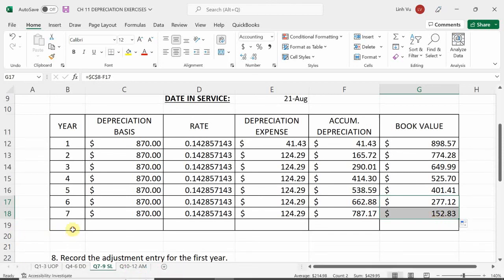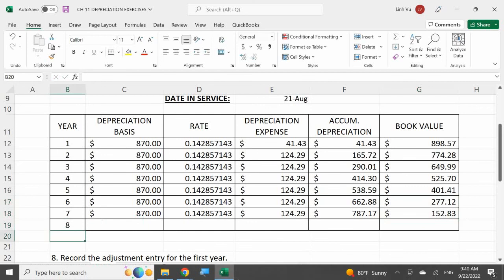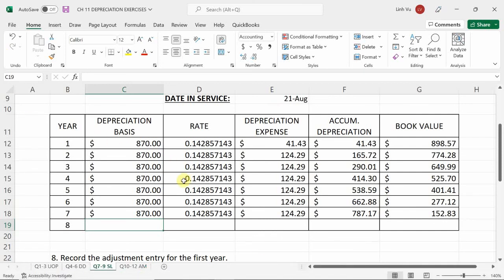Yes, you can. Why? So you still have some book value to it. Yes, but what else? It's fallen way below the salvage value?